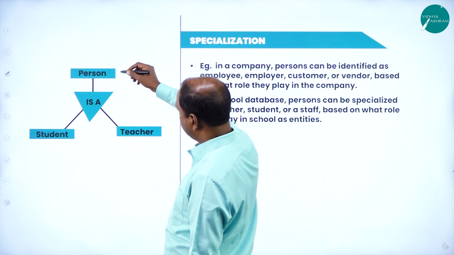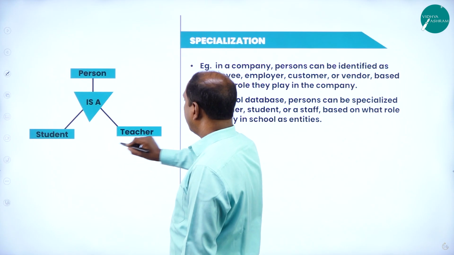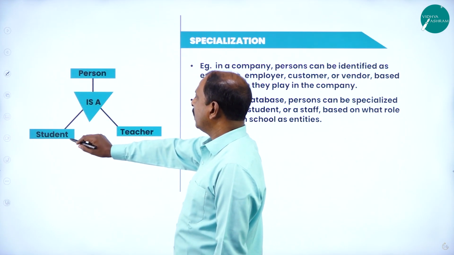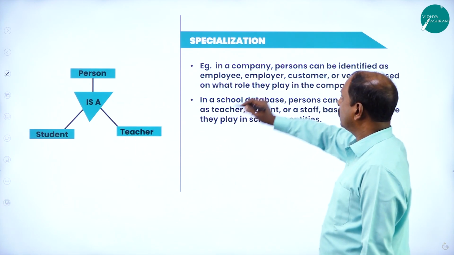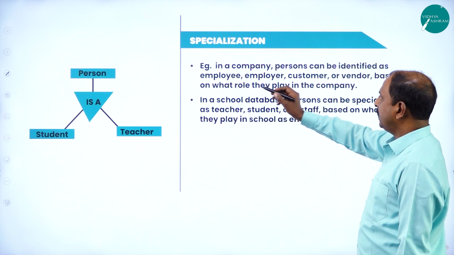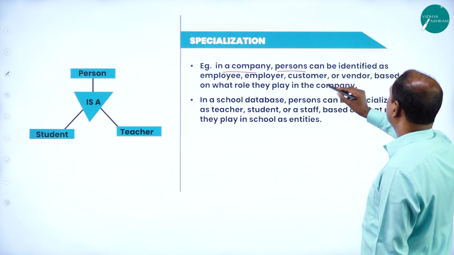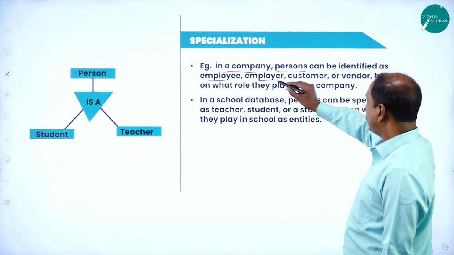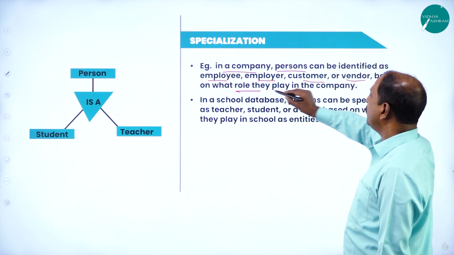This is one person. This is a relationship, student and teacher. Here, one person can be a student or can also be a teacher. So this is an example of specialization. For another example, in a company, a person can be identified as an employee or an employer or customer or vendor based on the role that he plays.